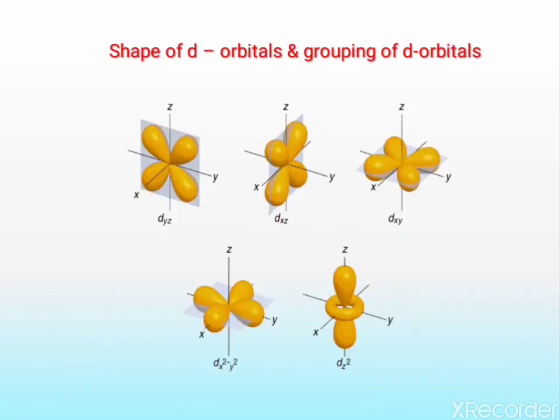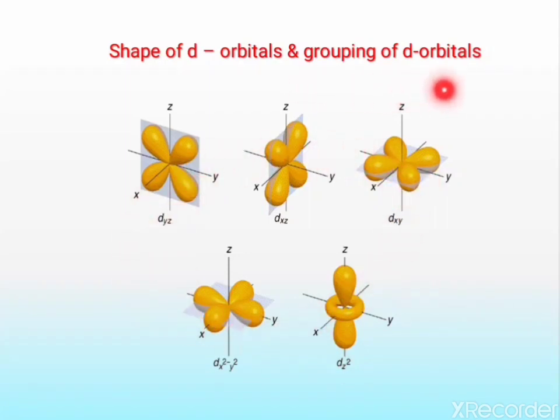The shape of d orbital is double dumbbell shape. This consists of 5 degenerate d orbitals that are dxy, dyz, dxz, dx square minus y square and dz square.